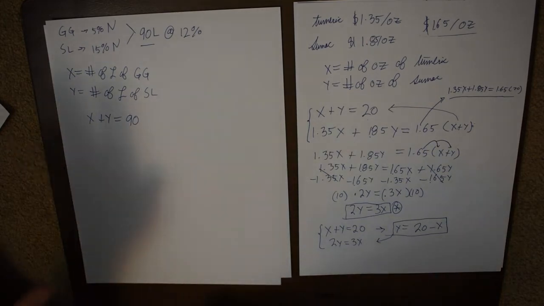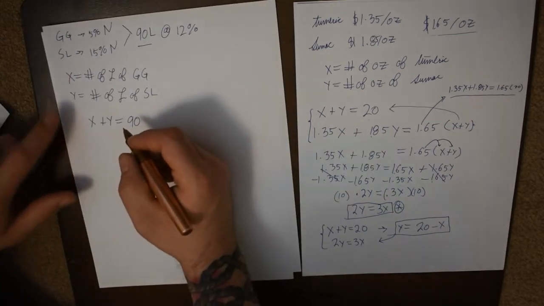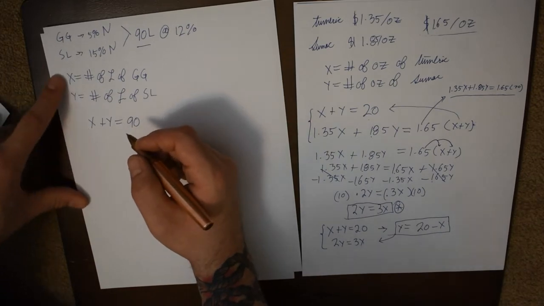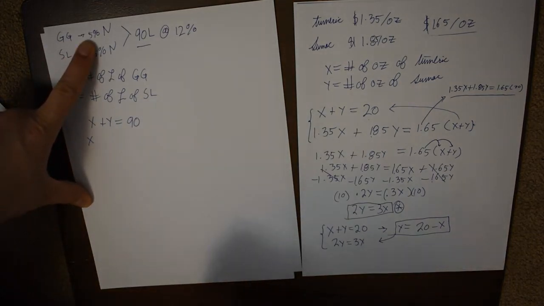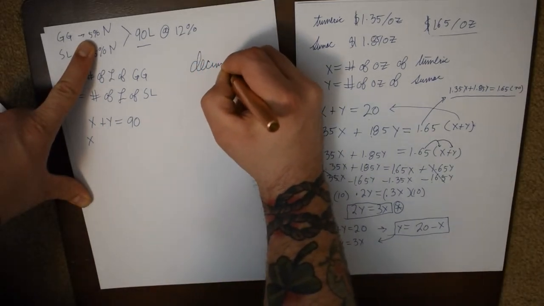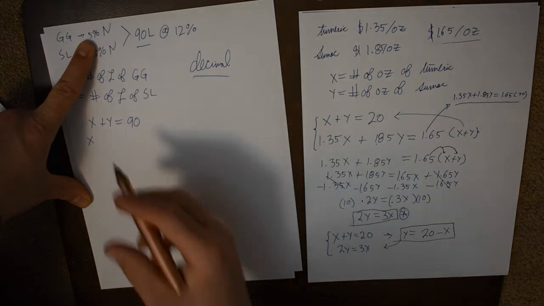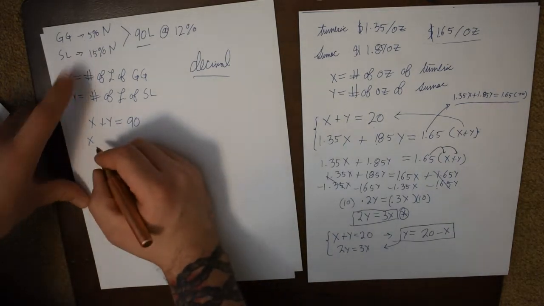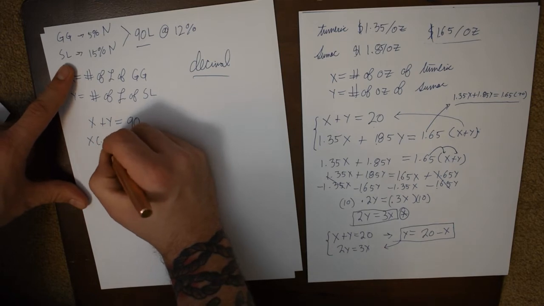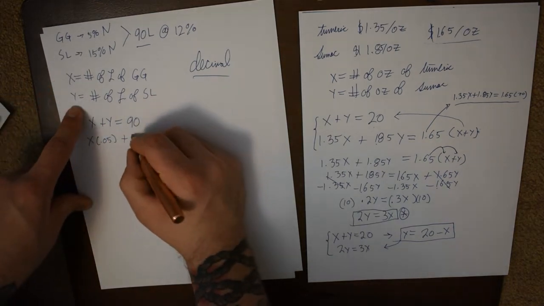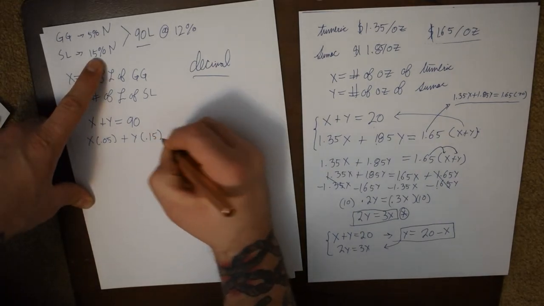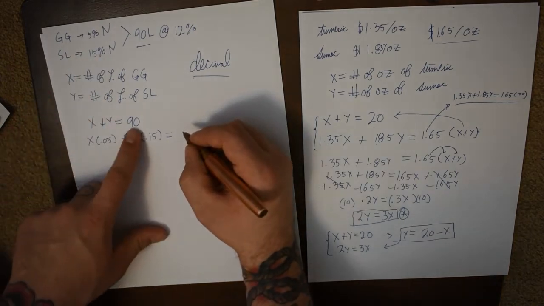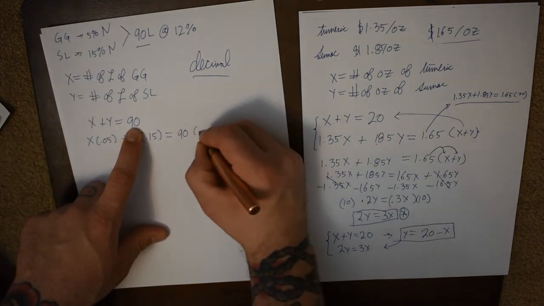And now we need a statement about the concentration. Well, we know that the volume of Gently Green times its concentration, and concentrations are going to be written down as a decimal. So the volume times the concentration, plus volume times concentration, 15% is 0.15, has to equal volume times concentration.